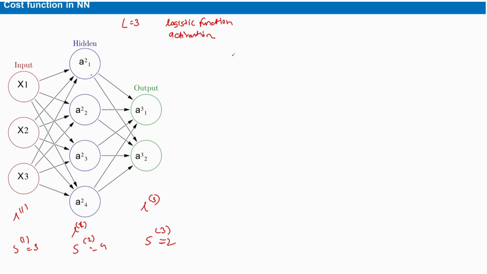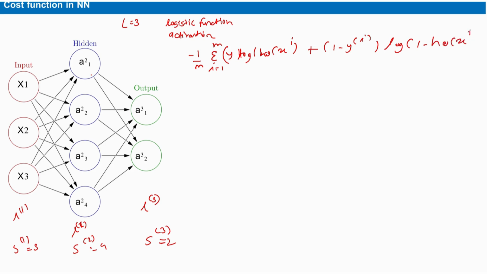It is computed as minus 1 upon m, meaning the average over m examples, summation of i equal to 1 to m, then y i log h of theta x i, plus 1 minus y i log of 1 minus h of theta x i.